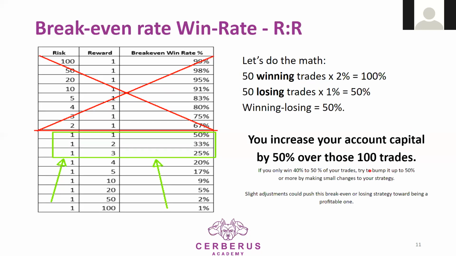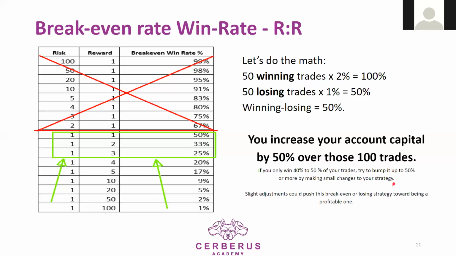Try to make small changes in the strategy. Try to understand the time frame or all the parameters of your strategy, because a slight adjustment may be the difference between a losing strategy, a break-even strategy or a profit strategy.